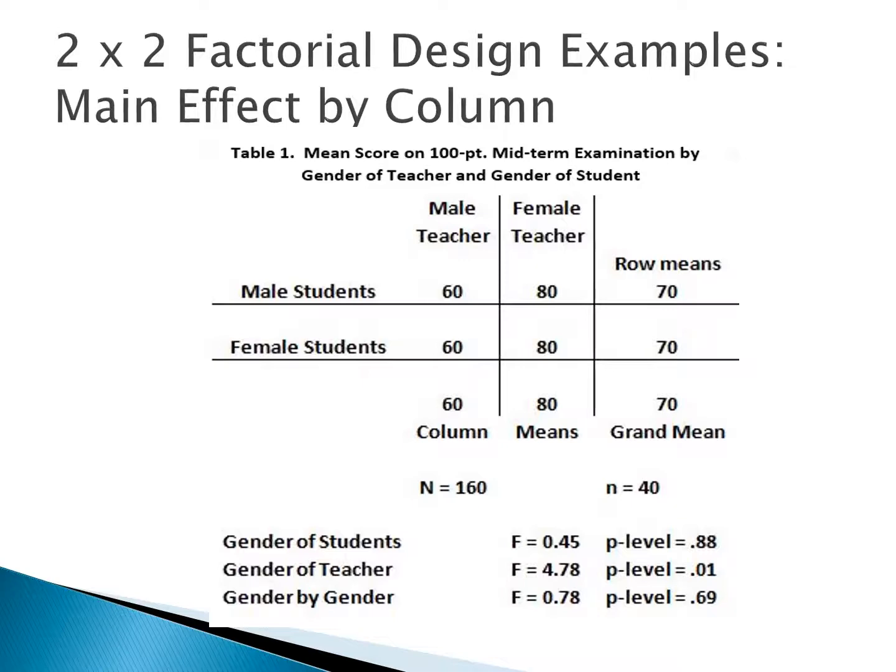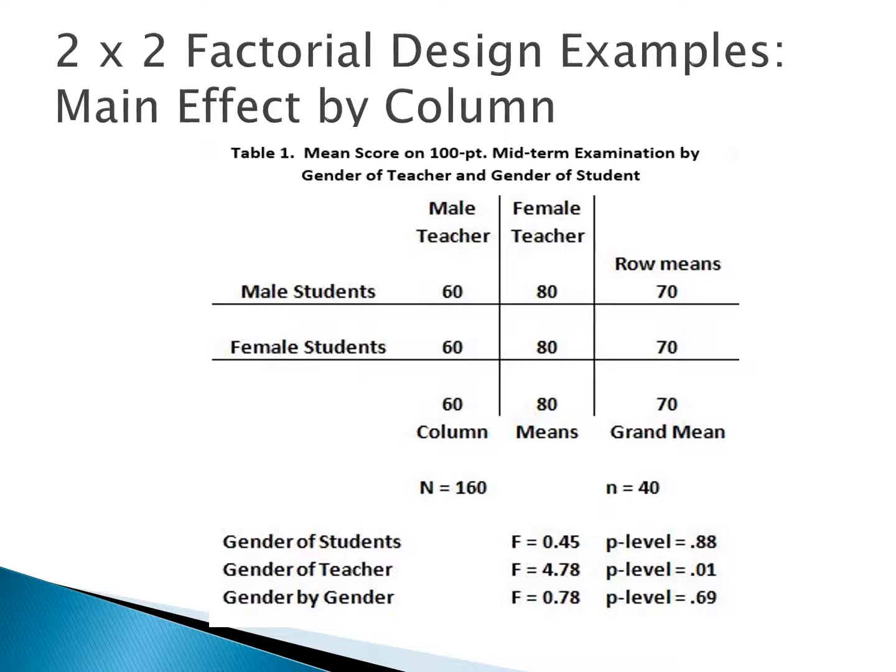The small n, which equals 40 in this case, is how many people were within each cell. So we've got here a 2 by 2, which is gender of students, gender of teacher, and we're looking at the dependent variable of mean scores on a 100-point midterm exam.